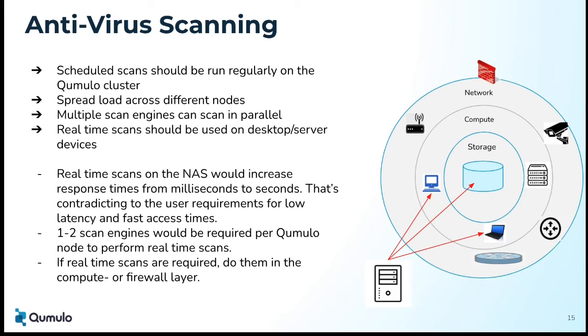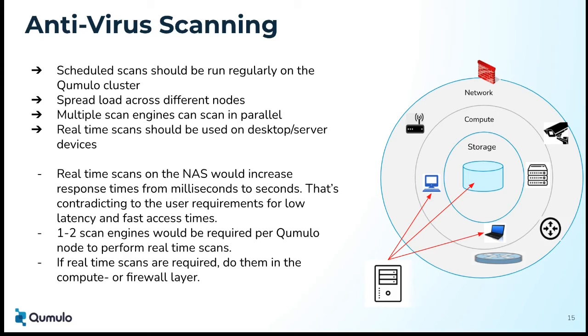We'd recommend to spread the load across different nodes because we can absorb a lot of IOs and support that very fast scanning on multiple nodes at the same time. For that, you would probably divide your namespace so that you can dedicate specific scan engines to specific portions of a namespace.